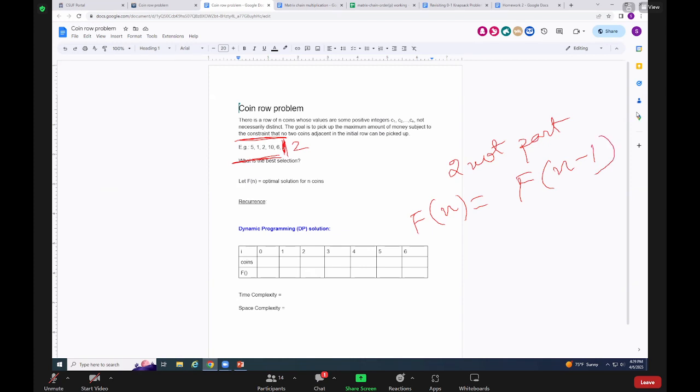But if 2 is a part of the solution, then your solution actually added 2, right? But the only way you can add 2 is never include 6. And whatever you did before was already found out by f of n minus 2, right? So this is the recursive sort of formula.